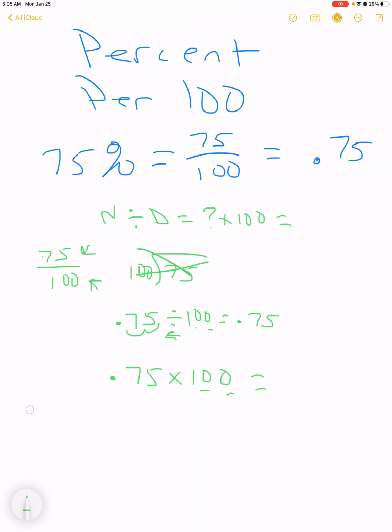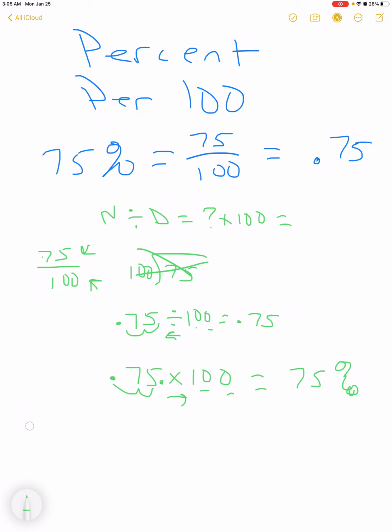We move our decimal to the right because we're multiplying, and numbers get bigger. 1, 2, place the decimal. Now we have our percentage: 75%. I'll draw my percent sign. Now, that was too easy, right? It was that easy because it's base 10 multiplication and division.